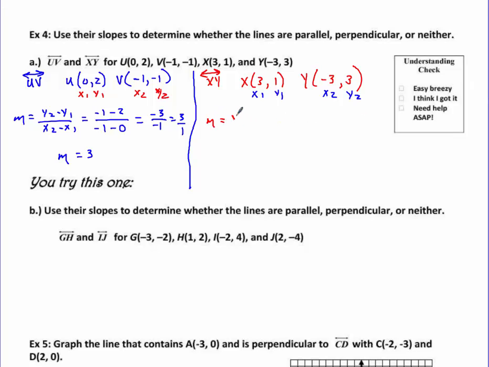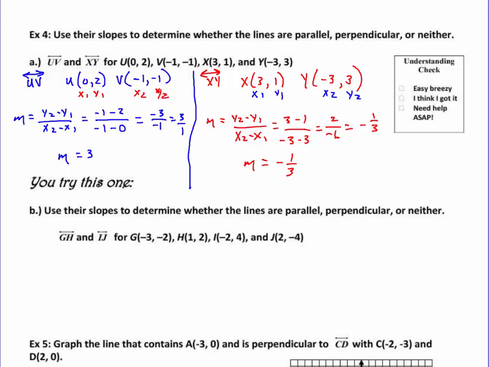So the slope equals y2 minus y1 over x2 minus x1. So 3 minus 1 is 2. Negative 3 minus 3 is negative 6. We can simplify that to negative 1 over 3. So this slope equals negative 1 over 3.